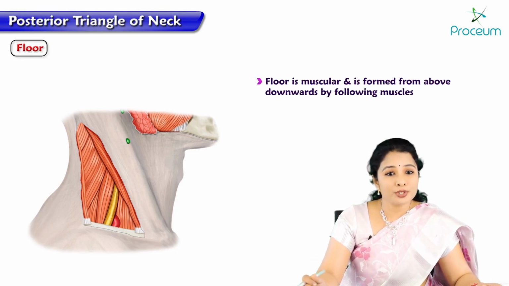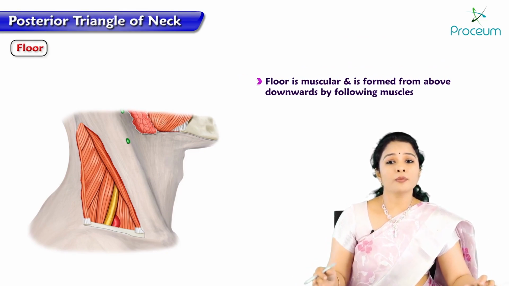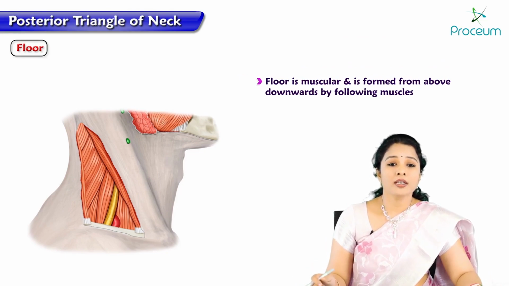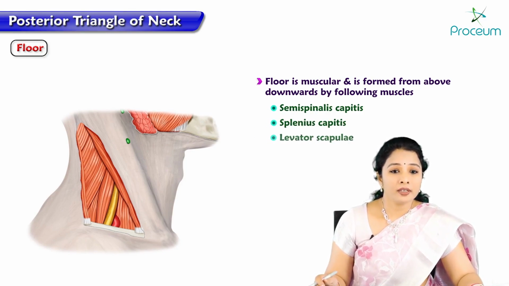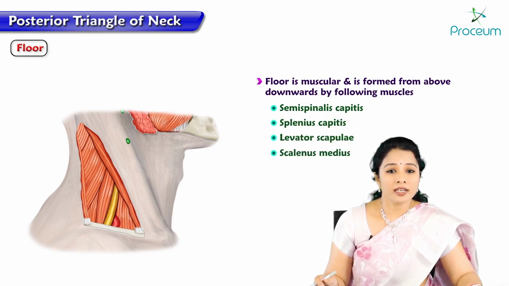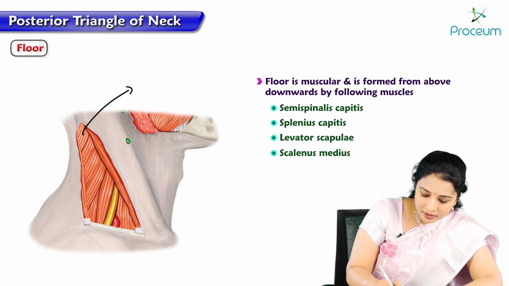So the floor of posterior triangle is muscular and it is formed from above downwards by semispinalis capitis, splenius capitis, levator scapulae and scalenus medius. I will show. So this is splenius capitis.